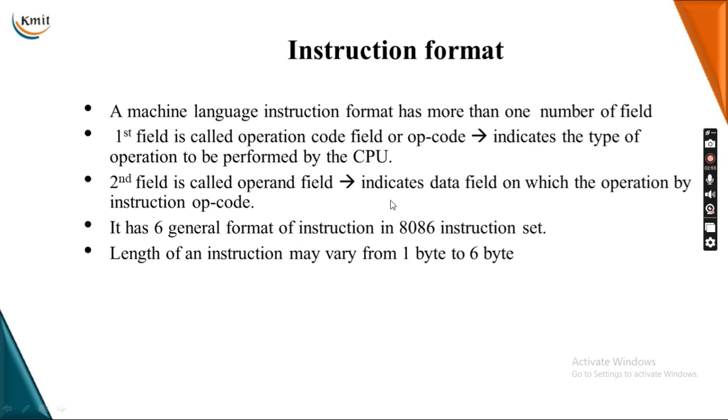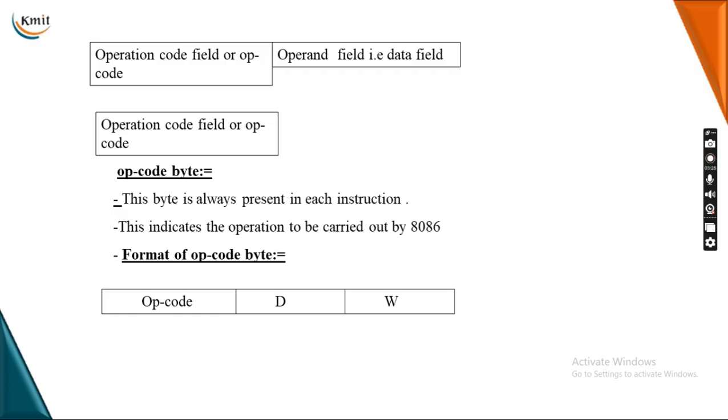As I told you, we will have 6 general formats of instruction in the 8086 instruction set. As 8086 follows a complex instruction set, we should be able to remember these 6 instruction formats. The length of an instruction may vary from 1 byte to 6 bytes.